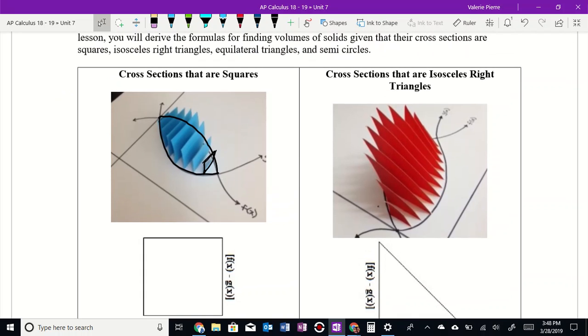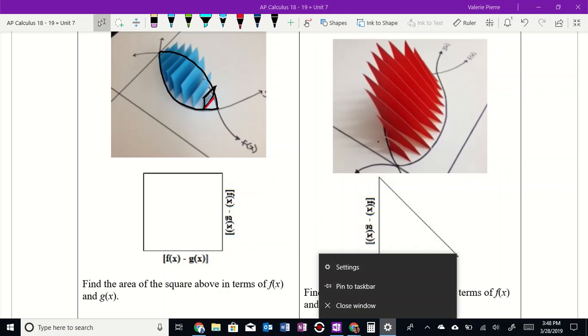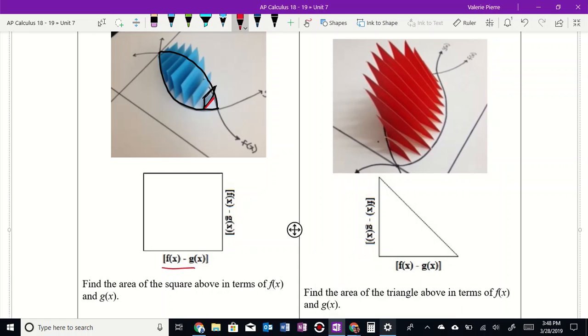And that's going to be the same for all of these cross sections. f of x represents the upper function, and g of x represents the lower function. So to get the length of this cross section, it'll be f of x minus g of x. And since it's a square, both sides will be the same length.